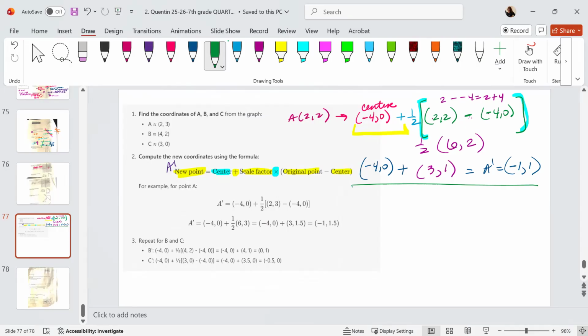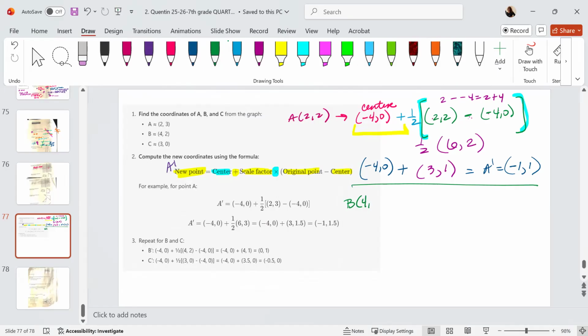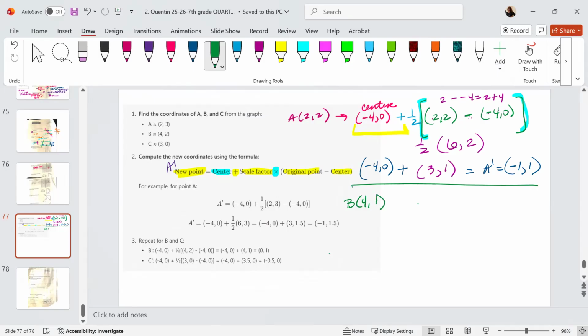I got it. Okay. What's B? What's the location of B? Location of B is 4, 1. Okay, we're going to repeat the same process again. First thing, find the center, negative 4, 0, correct? Plus 1/2, the scale factor.